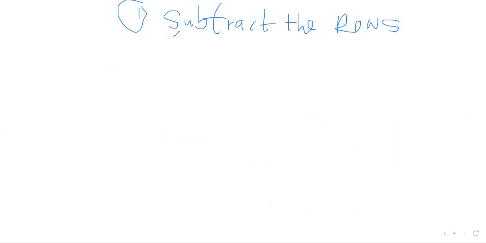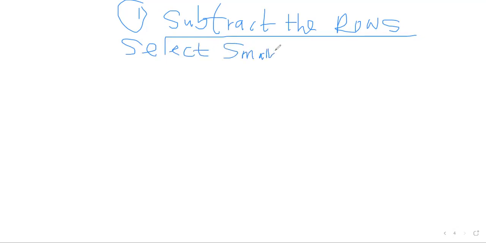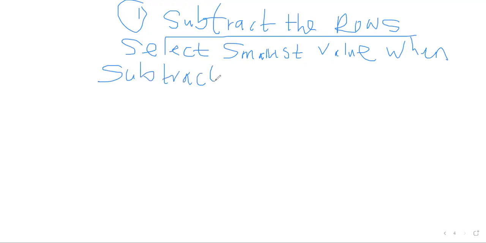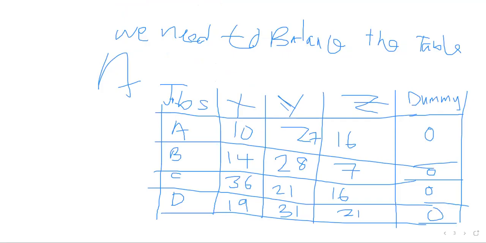Select the smallest value when subtracting. So the table will not change, because the smallest value in each row is 0.